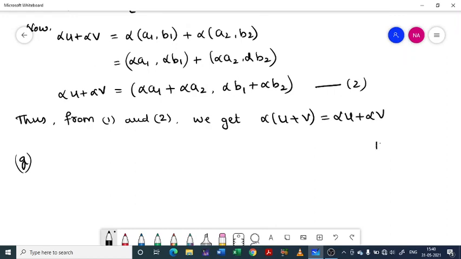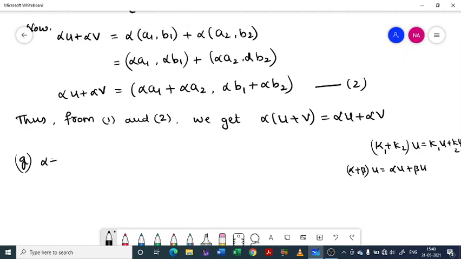I am writing what we had in the definition. K1 plus K2 times of U equal to K1 U plus K2 U. So here instead of K1 and K2 we have alpha and beta. We had to prove that alpha plus beta of U equal to alpha U plus beta U, right?